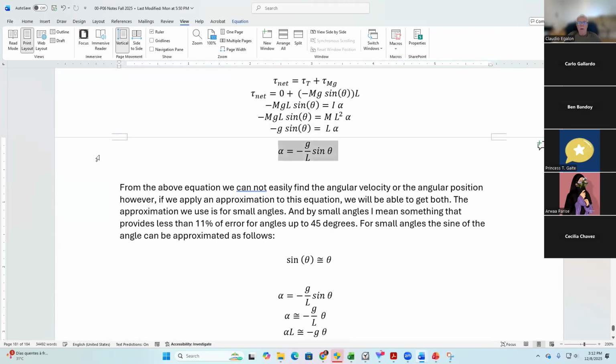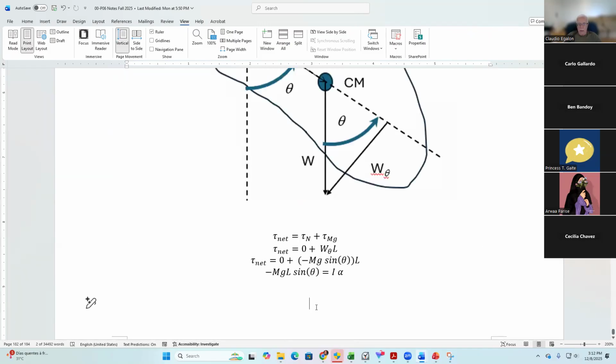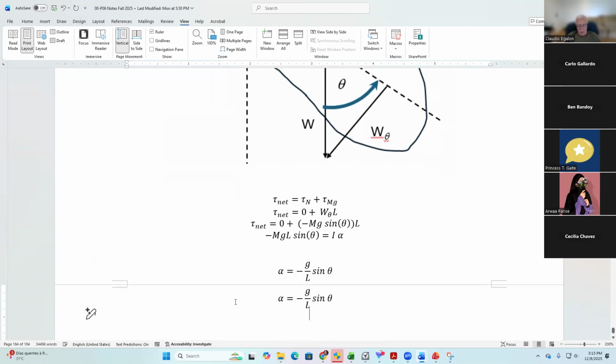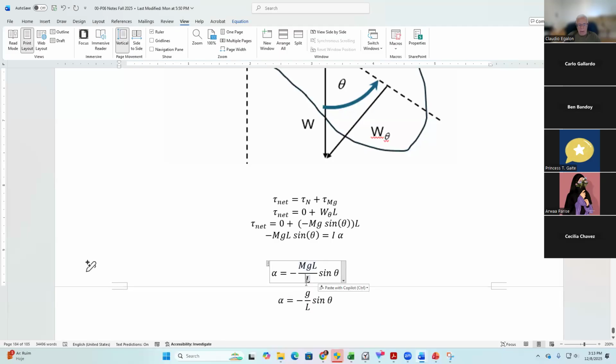Let's see here. Now, what we're going to do is write alpha, the angular acceleration, in terms of the other parameters. And the other parameters are mgL sine of theta divided by I, right?